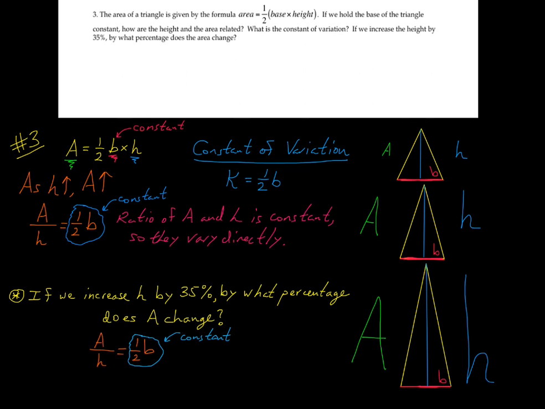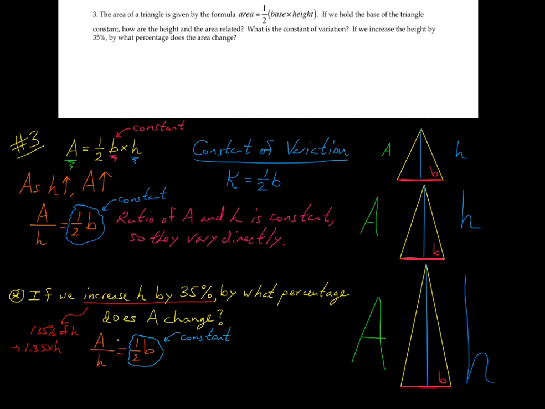So what am I going to do to h? I'm going to increase it by 35%. Now, what does that mean? Well, it means I'm going to take 100% of h, and then tack on an extra 35% of h. So all in all, I'm going to have 135% of h. Now 135%, that's 1.35. And this is really just indicating that I'm going to multiply the height by 1.35.